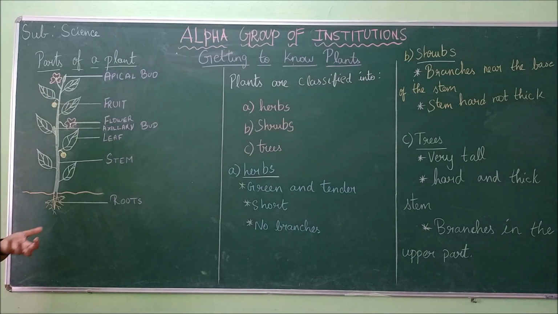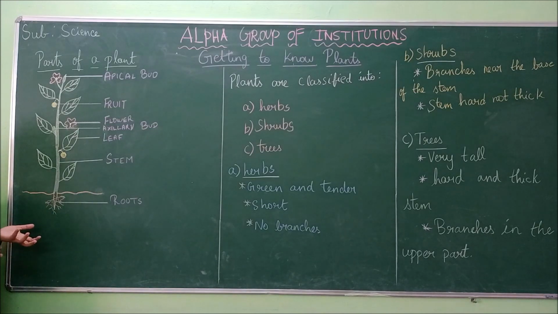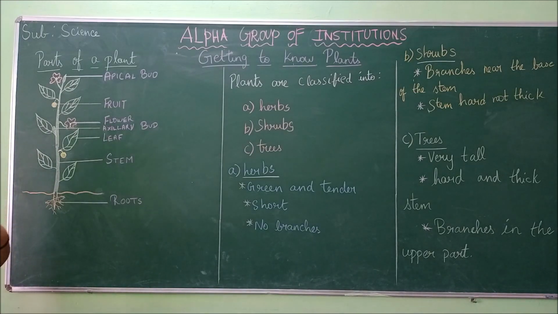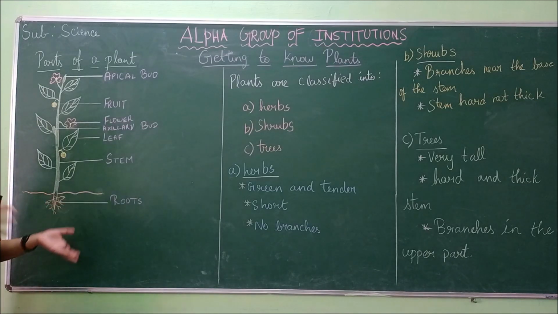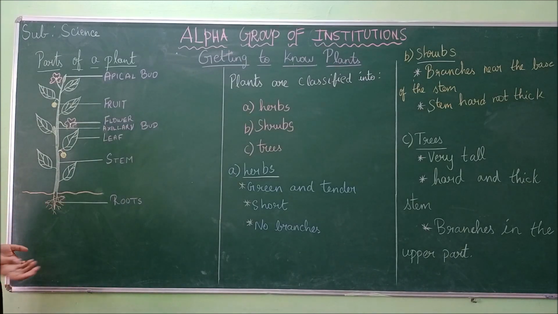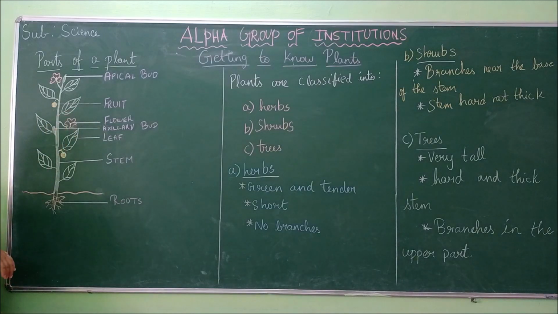We can wear a flower, or it will look beautiful. In pollination, sometimes reproduction also may happen in these plants. Then fruit, we can eat the fruit. It will give seeds so that a new plant can be produced. Those are the uses of fruits.